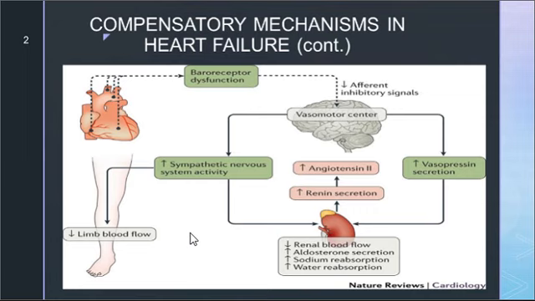They inhibit the renin-angiotensin-aldosterone system and the sympathetic nervous system to suppress the progression of heart failure. So ANP and BNP are released in response to the heart failure, trying to suppress the progression.